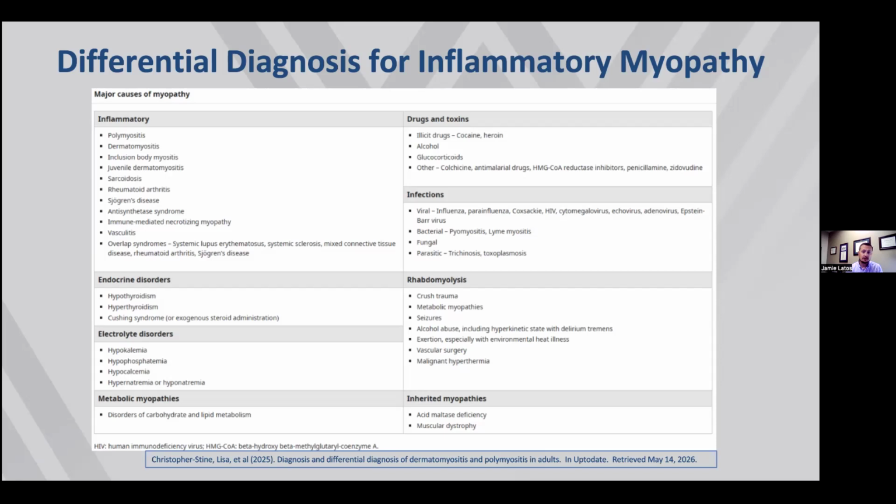Patients that have chronic colchicine exposure may be at risk of developing a myopathy. And then another very commonly used drug category, the statins, can cause a couple different scenarios of myopathy. There's the most common where the patients develop some myalgias or maybe a very mild CK elevation, which is self-limited and resolves upon stopping the drug.